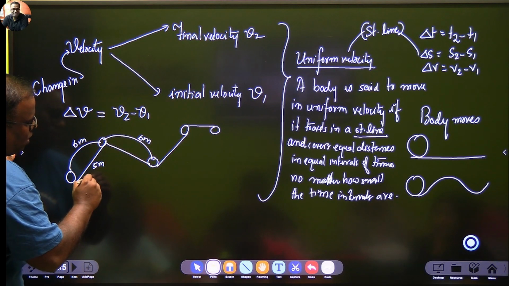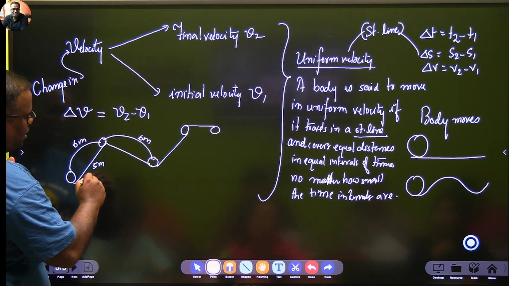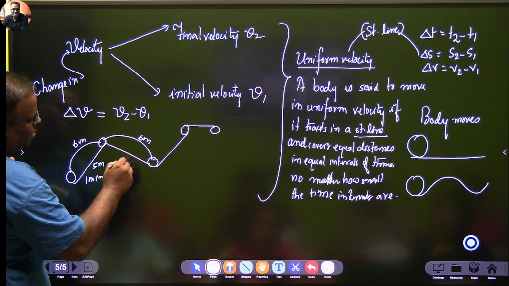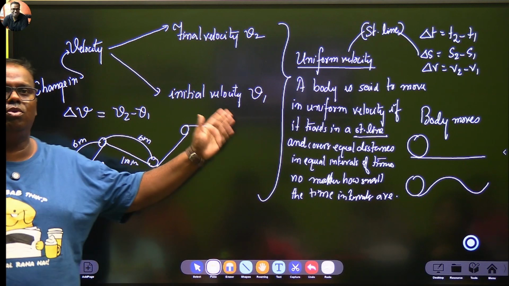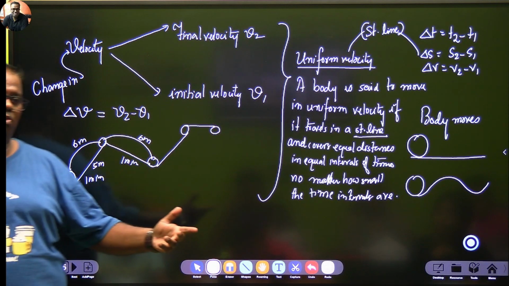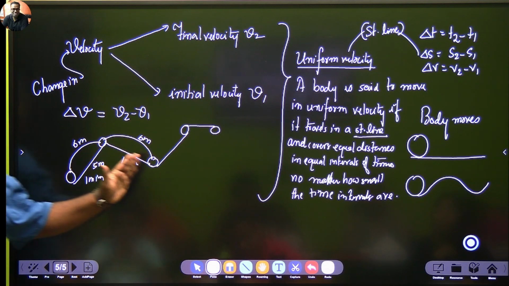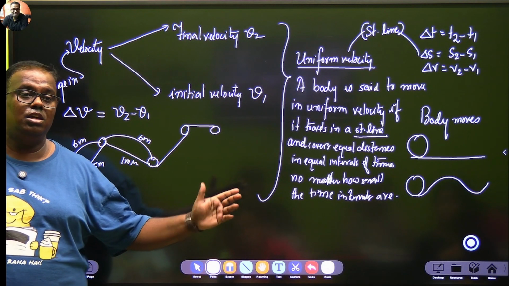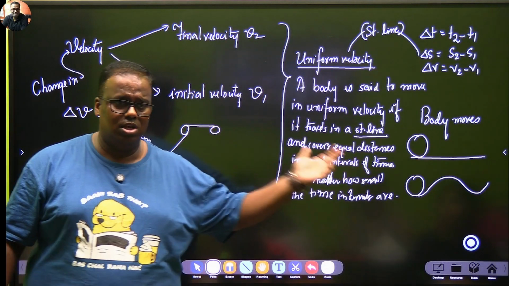And say this is 1 hour. So 1 hour is too much, so let's say this is 1 minute. Here it's also 1 minute. This is uniform motion, a body covering equal distances in equal intervals of time. What is uniform velocity? Uniform velocity is when the body is moving in a straight line and is covering equal distances, or you can write the word displacement also, no issues.